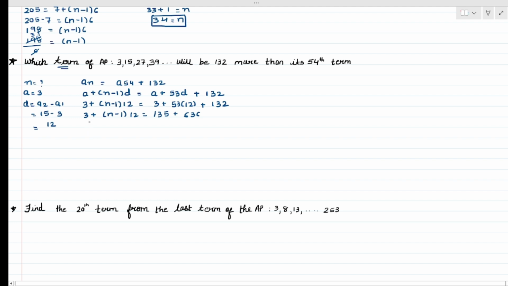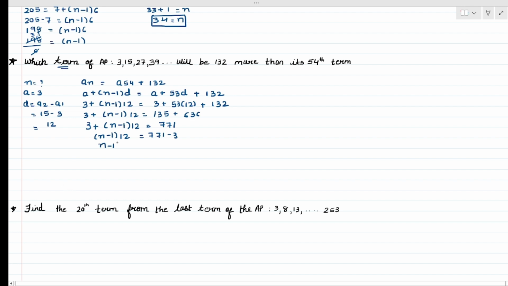So you will get 3 plus N minus 1 times 12 equals 636 plus 135. That means it becomes 771. Now, as you can clearly see over here, it's plus 3, so plus 3 goes over there and it becomes minus 3. So 771 minus 3, what will you get?